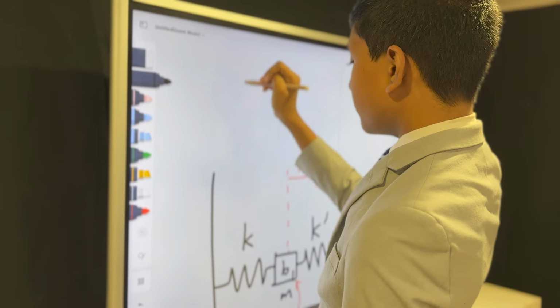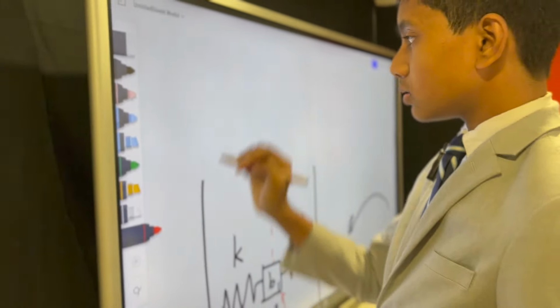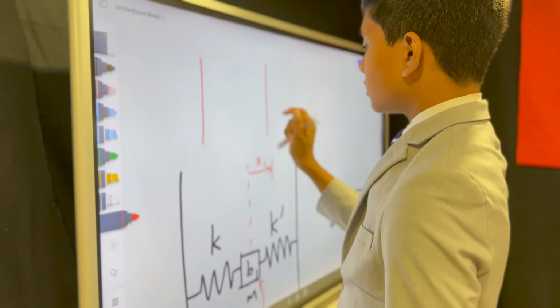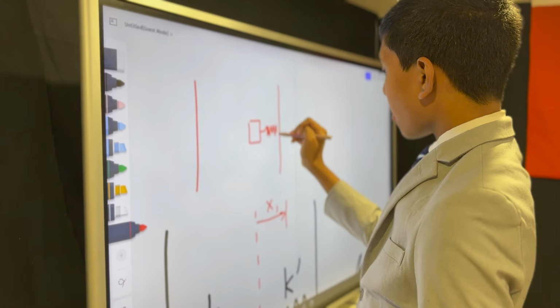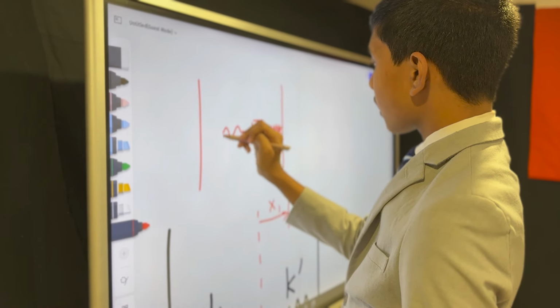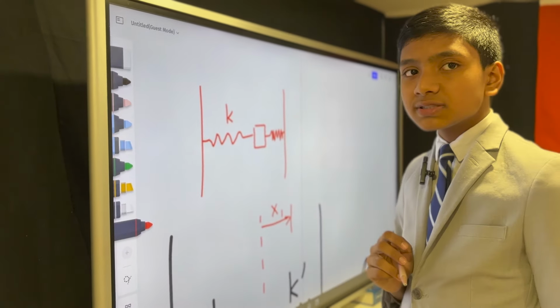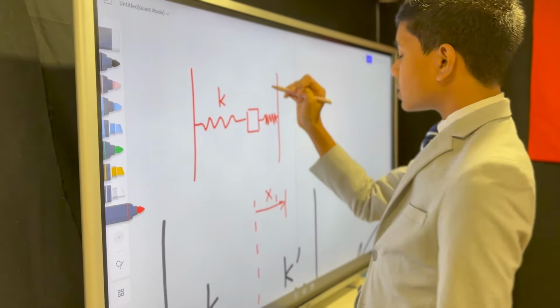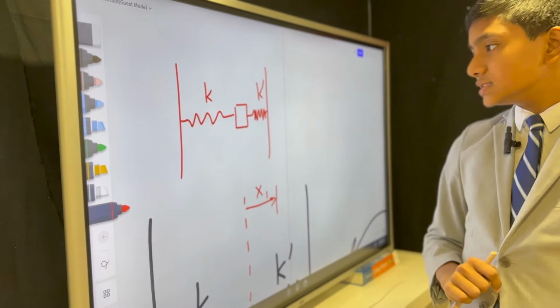So let's draw a mini diagram then. So then we've got something like this, where the spring with spring constant k is stretched out, and the spring with spring constant k prime is squeezed in.